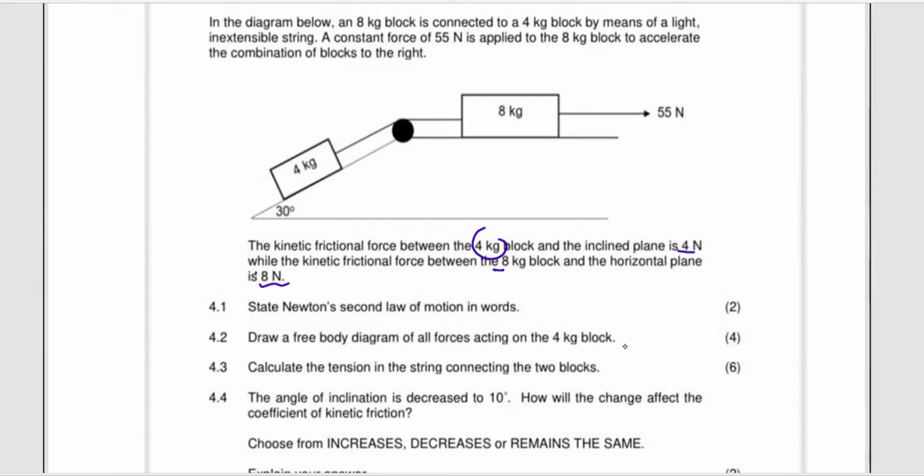So with Newton's second law, we need to know that when a force, okay, acts on an object, let me try to write it this side.